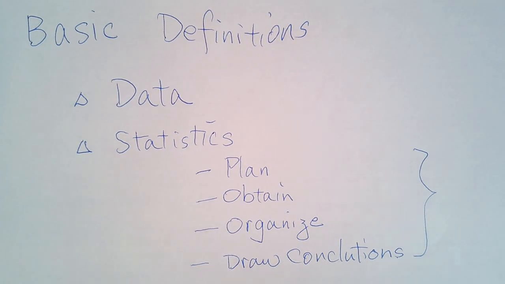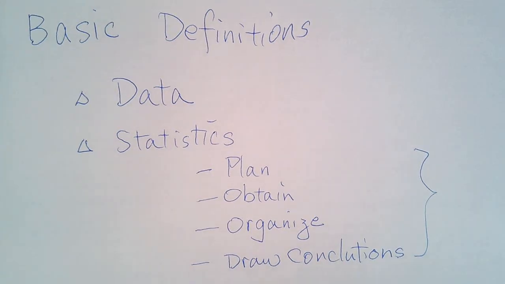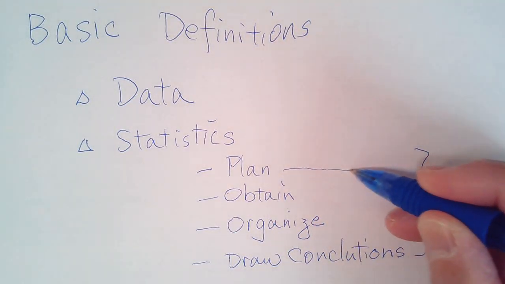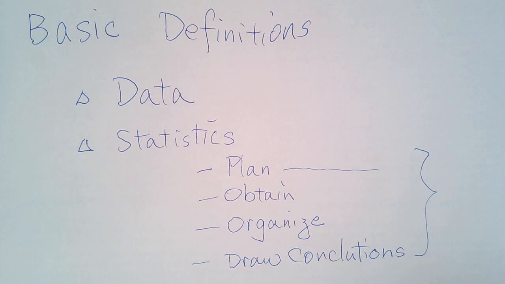I worked for a credit bureau before, and what the statisticians are doing is they have to make a good plan. How do you collect the data? You have to think about what's the purpose after you get the data. What is the reason, or what's the purpose of your research? What do you want to do? What's your goal?